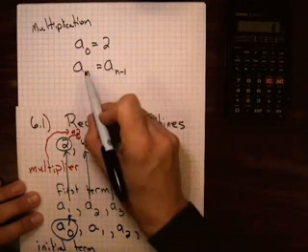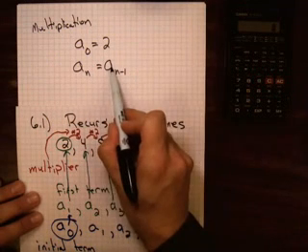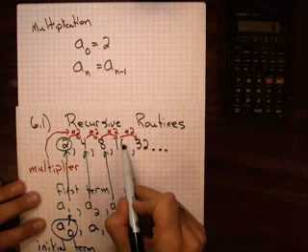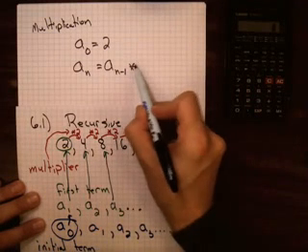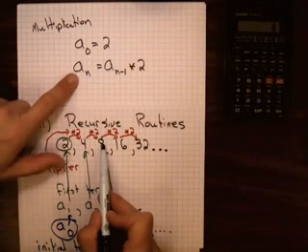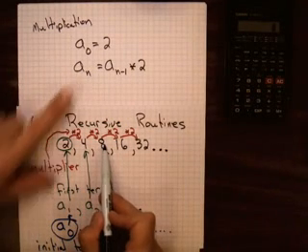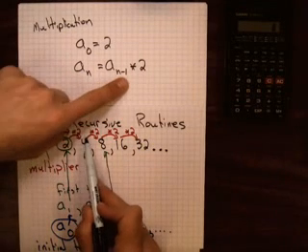So what we have here is any term depends on the number right before it. Like to find 16, we need to know the number right before it, but each time we need to multiply by 2. So to find 8, I need to know the term right before it, 4, and then I multiply by 2.